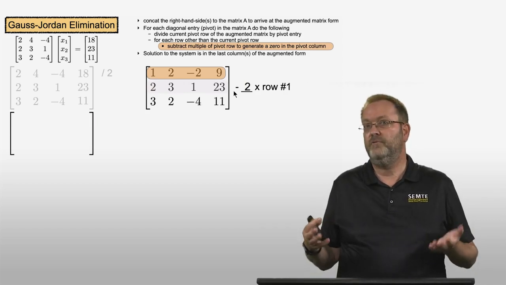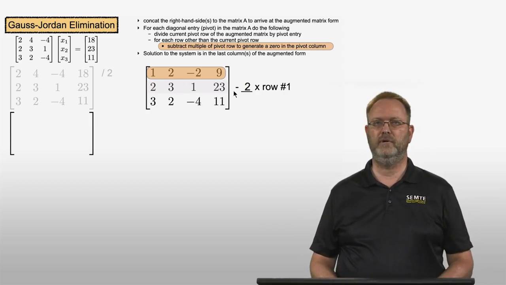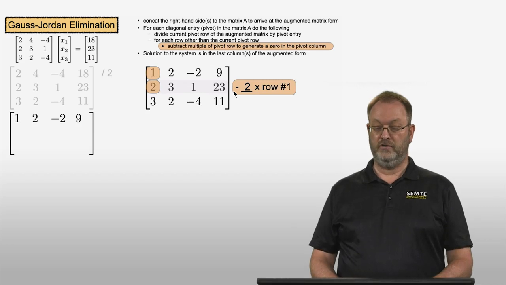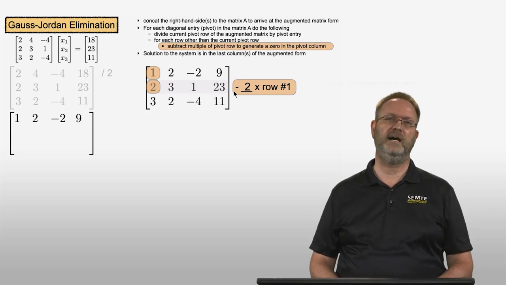But I'm not going to do anything to the first row, right? That was my pivot row. So I'm just going to copy that over into my next intermediate step here as my first row. And now I do my operations on the second row, and I generate the 0 there. So I'm going to take 2 minus 2 times 1.